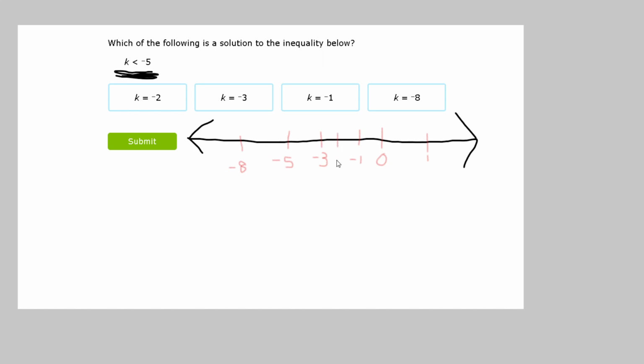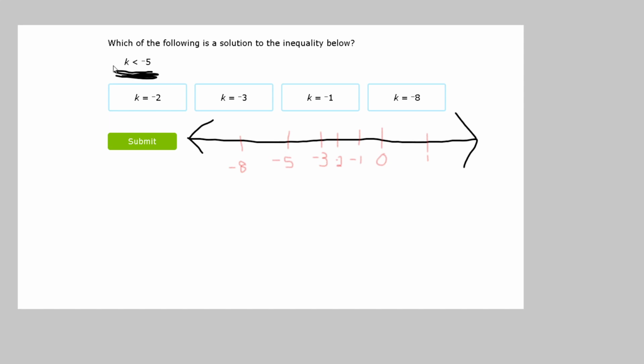Negative 2. So it doesn't need to be a masterpiece of a sketch. It doesn't even need to be drawn neatly. Not when you're doing your work, at least. So you just do a little sketch if it helps you think about the question. And until you kind of get the hang of it, it's probably not a bad idea to do a little sketch like this.